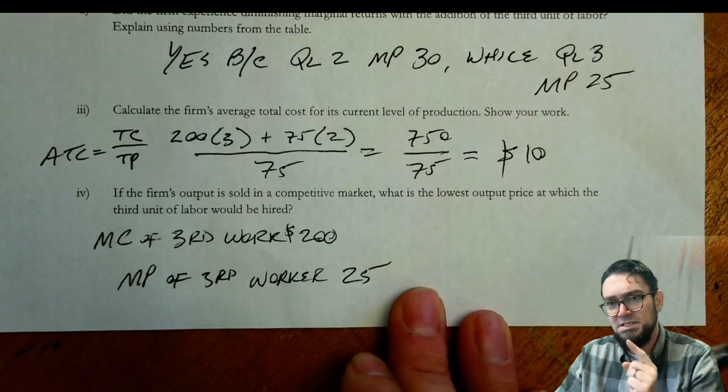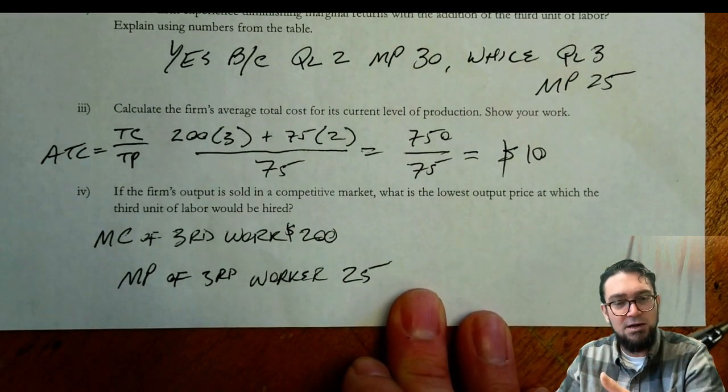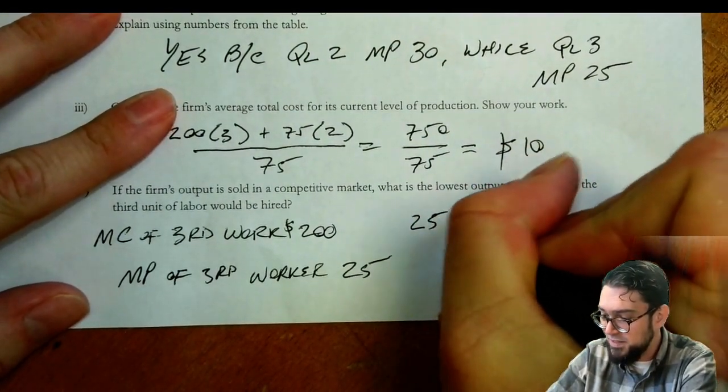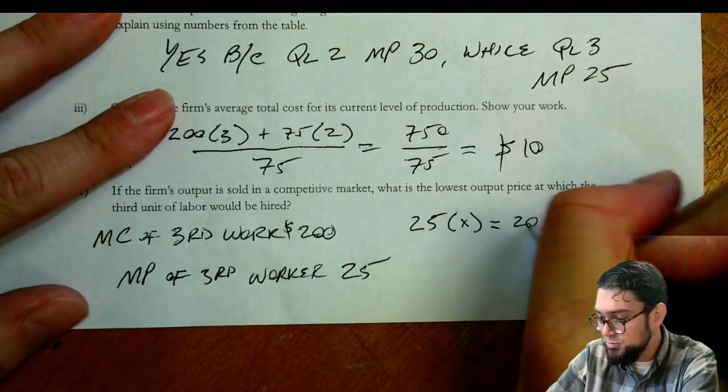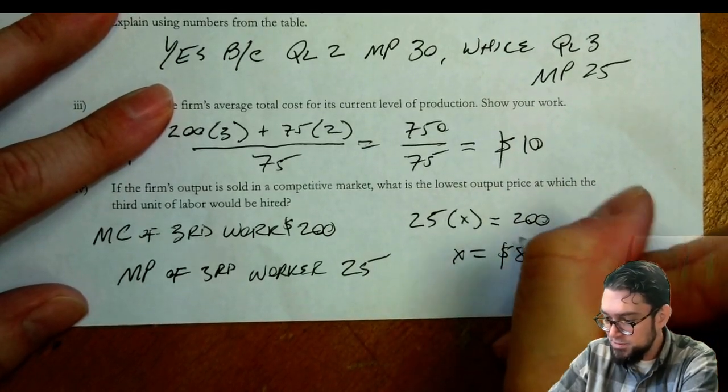If you got 25 units, they have to sell for at least a certain amount to justify hiring the worker. So what we're really saying is 25 times X equals 200. And at that point, X equals $8.